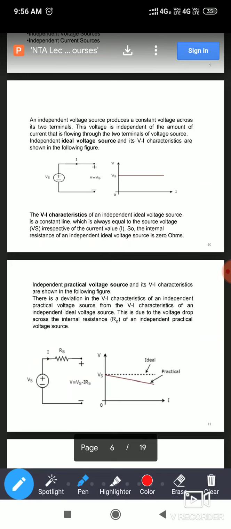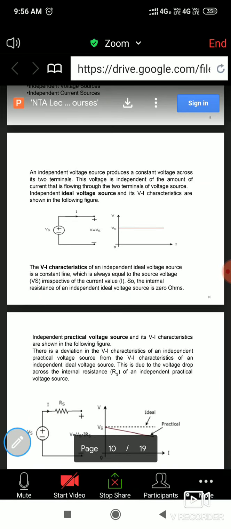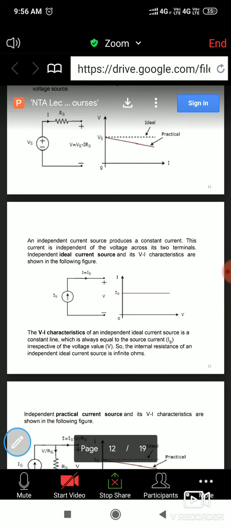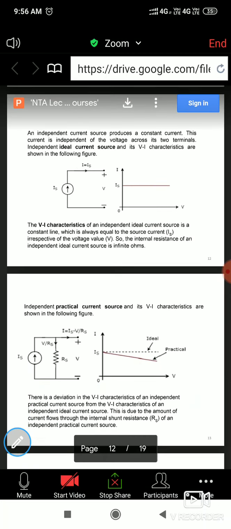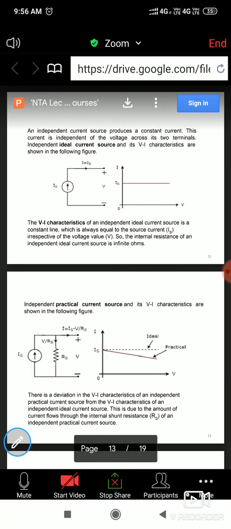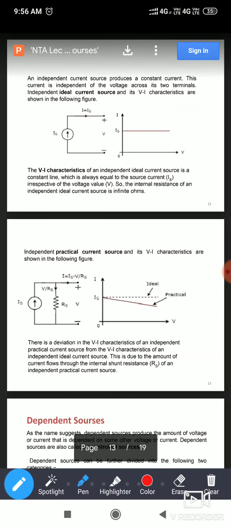Now next, the same thing will happen related to the current source. The symbol I have shown already.